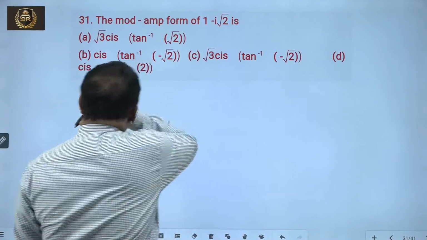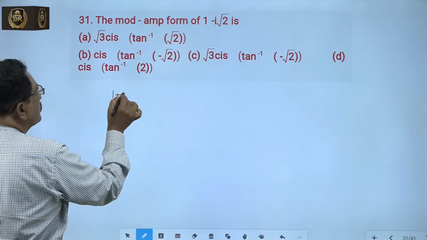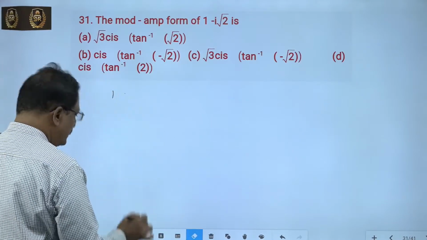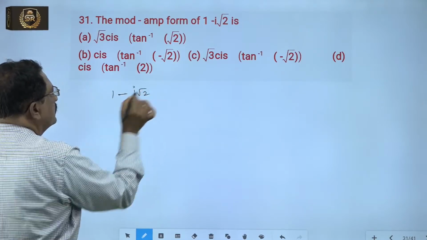Next, the mod amplitude form of 1 minus i root 2.